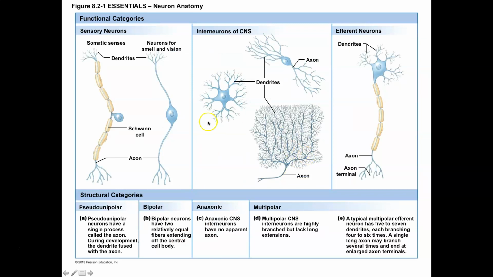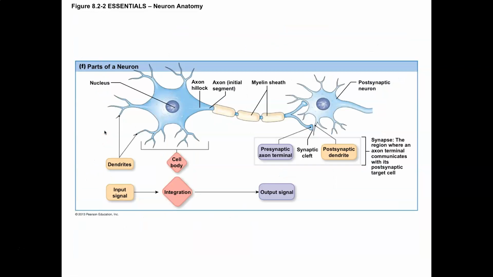So this is a diagram just showing you some of the different varieties of the neurons, from the multipolar varieties to the bipolar varieties, unipolar ones. So take a look at the various structures so you have a general idea of the differences in neurons within the central and peripheral nervous system.